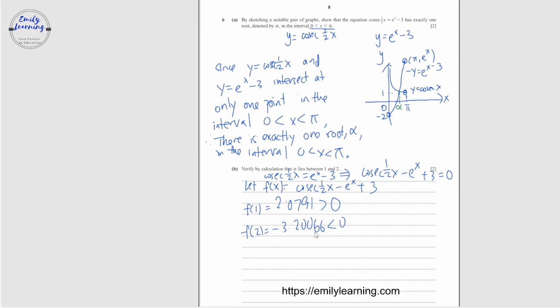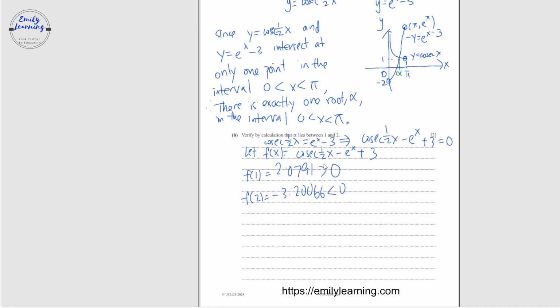If I were to draw y equals f(x), here's 1, here's 2, here's x. At f(1) it is positive, at f(2) it is negative. So if I want to solve for f(x) equals 0, I know that the root is between 1 and 2. Since f(1) is greater than 0 and f(2) is less than 0, alpha is between 1 and 2.